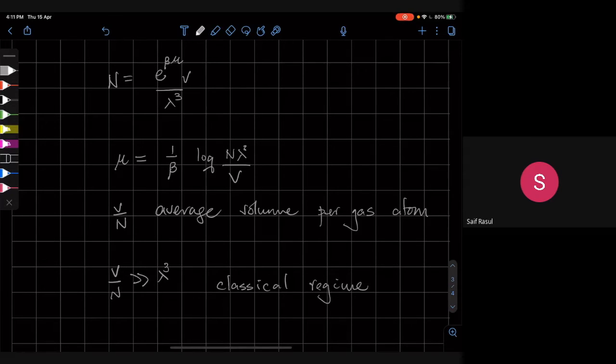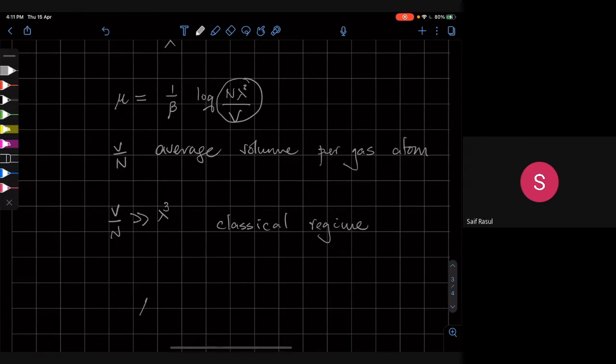So in the classical regime, the argument in the log is less than 1. Right? So that means that the chemical potential is a negative number. Okay, so we actually have a definite sign for the chemical potential in the classical regime. In the quantum regime, it can have positive value, but in the classical regime, that's the case.